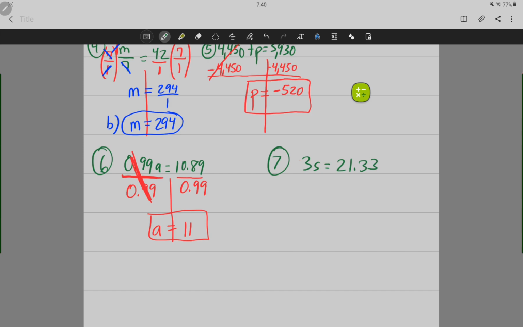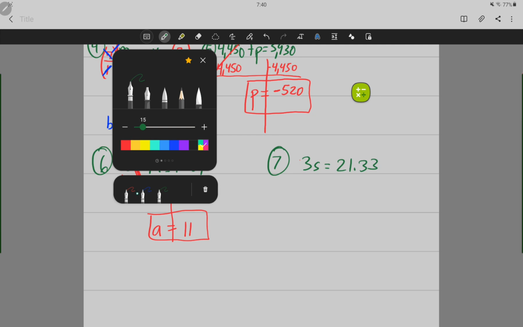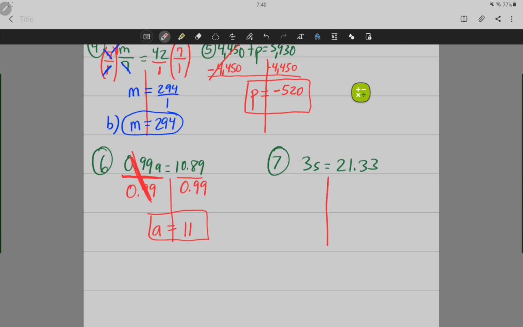Just like in number 6, we're looking at a multiplication problem, since it's 3s, or 3 times s. So that coefficient we need to get rid of. Now, since we're looking at multiplying, the inverse or opposite operation is to divide. And again, we divide by that coefficient, whatever the number says.